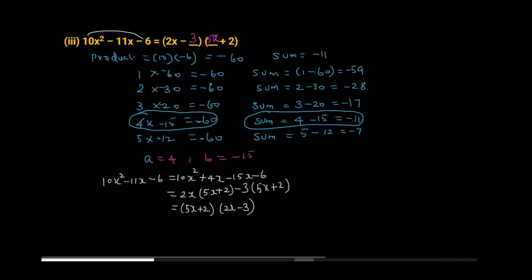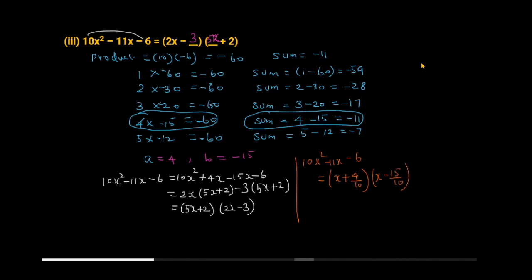Let's check this with the next method, that is, if we are dividing, what can we get? Direct division, that is 10x squared minus 11x minus 6 is equal to, our first integer is x plus 4 by 10. Next integer is x minus 15 by 10.